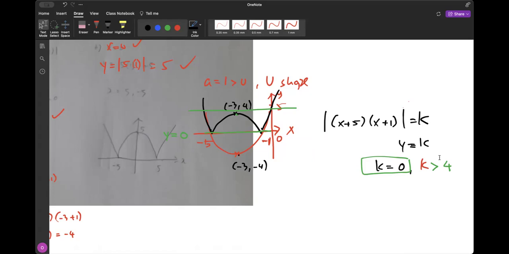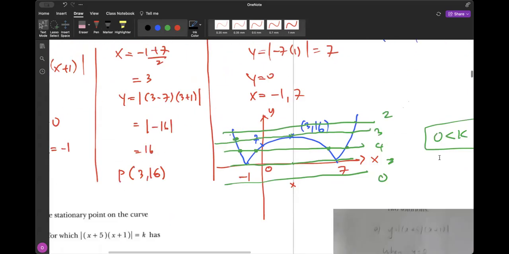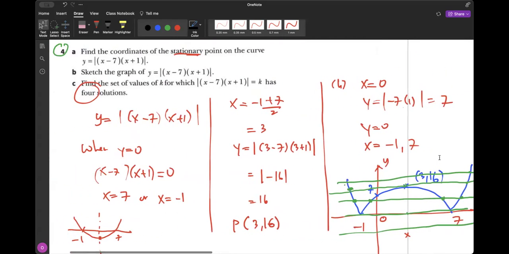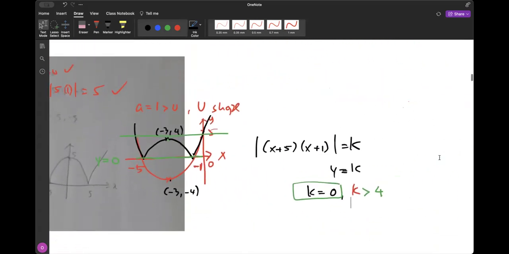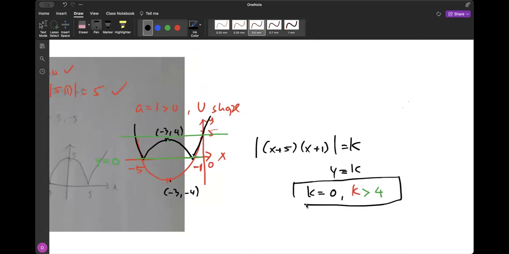Let me check and see. K more than 4. Why they don't accept k is 0? Yeah. Here there are two answers. Then at the back, this answer is incomplete. Okay, should be these two values. Any problem? Okay, make sure you understand the logic behind the question.